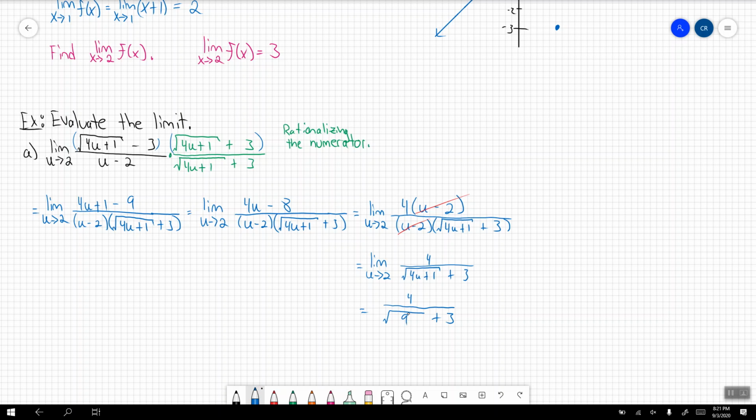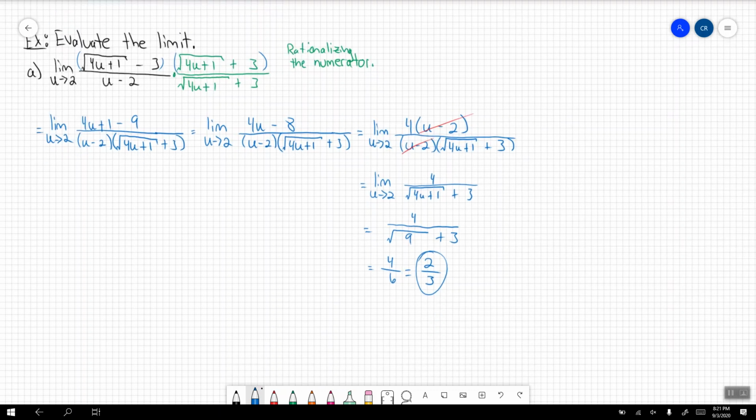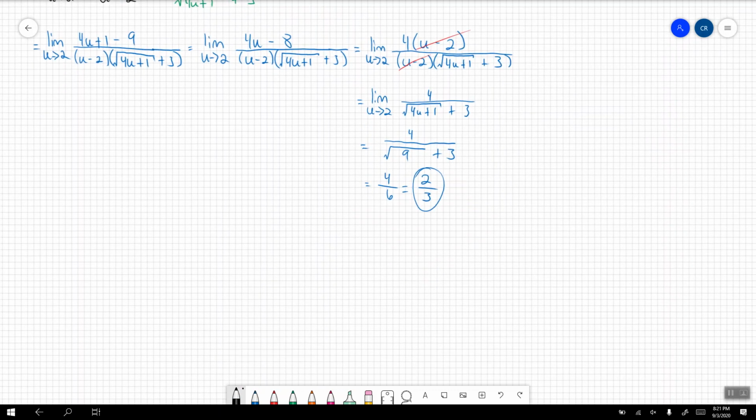The square root of 9 is 3, so 3 plus 3 is 6. Then we're left with 4 over 6, or in other words, 2/3. There's our answer. Nice, neat, and concise. Love that. Let's look at part B.